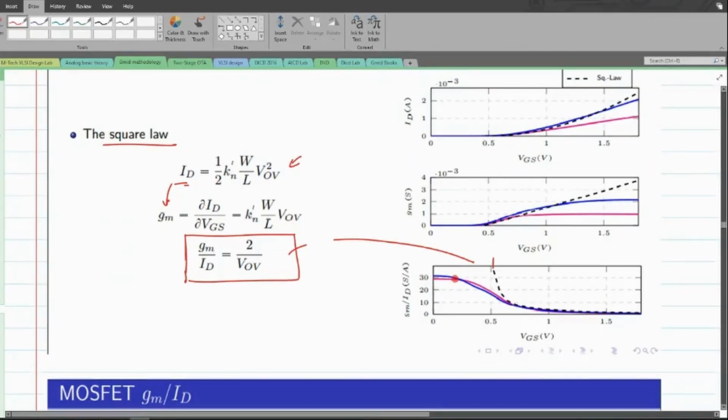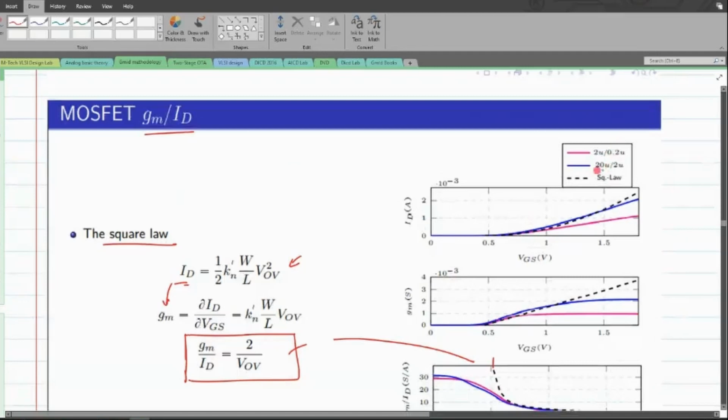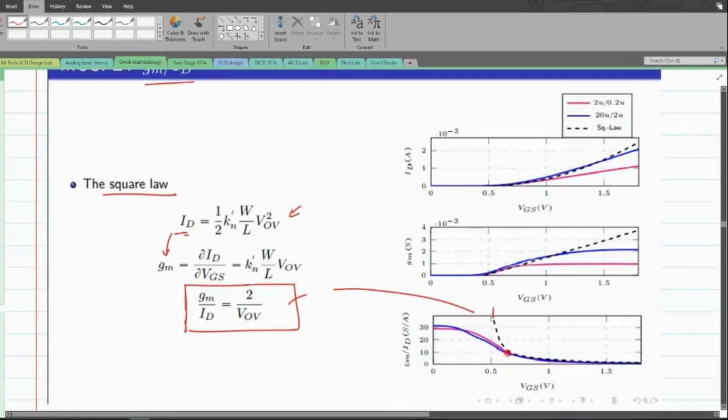The blue line is for a channel length of 2 micrometers, whereas the magenta line is for a channel of 200 nanometers. So clearly the prediction of gm over ID being infinity is not valid when I have a value of VGS that is less than VT. They are actually different.